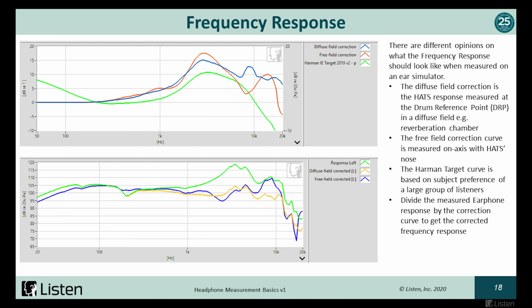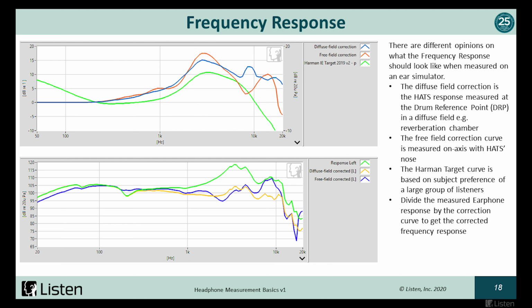And that was their intention. So at the high frequencies, it rolls off, and above 10 kilohertz, the ear is not super sensitive anyway, so it's probably not so bad. But you can also see the free field corrected curve will have this bump, which is due to this on-axis reflection off the shoulder. So I wouldn't worry too much about that.